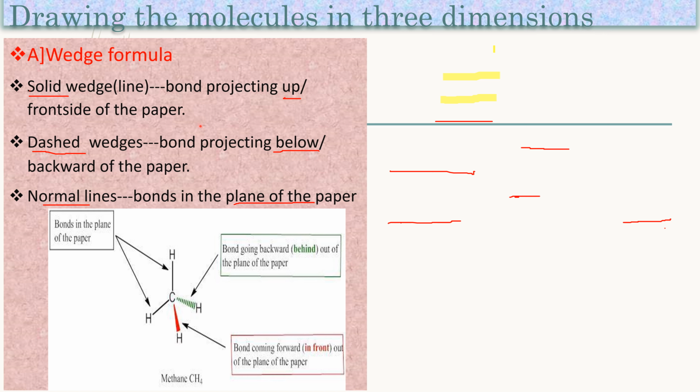So it represents the bond projecting up or front side of the paper, that is in the upper plane of the paper or front side plane of the paper.